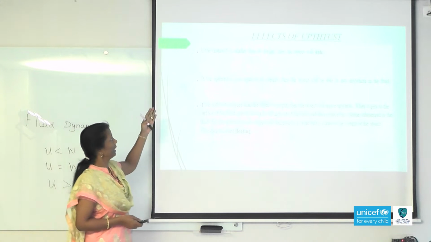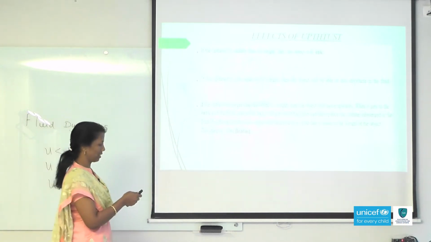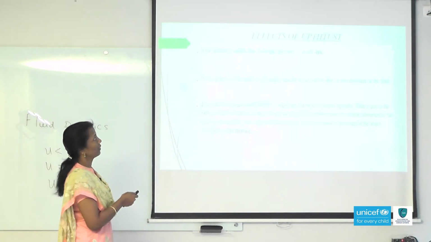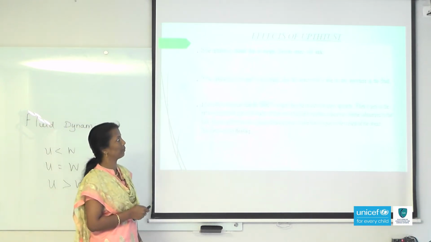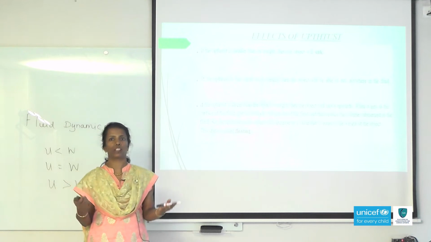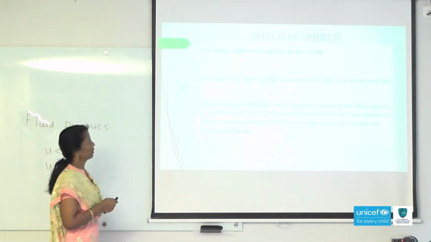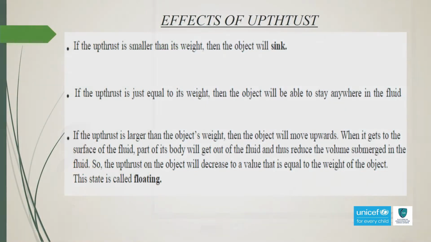So, it is very clear that if upthrust is smaller than its weight, the object will sink. Whereas, if the upthrust is just equal to its weight, then the object will be able to stay anywhere in the fluid, or you can say it floats. If the upthrust is larger than the object's weight, the object will start to move upwards. But at one point the forces acting on it are balanced and the object starts floating.